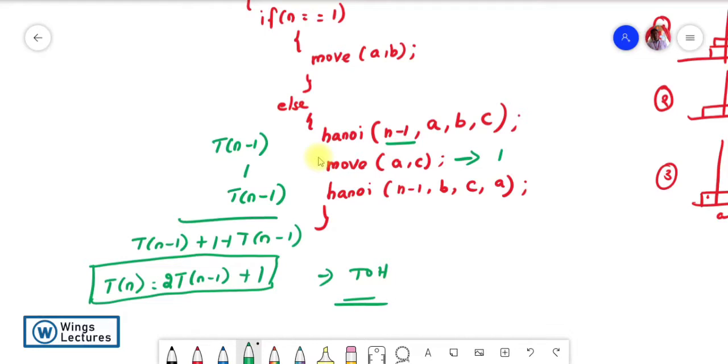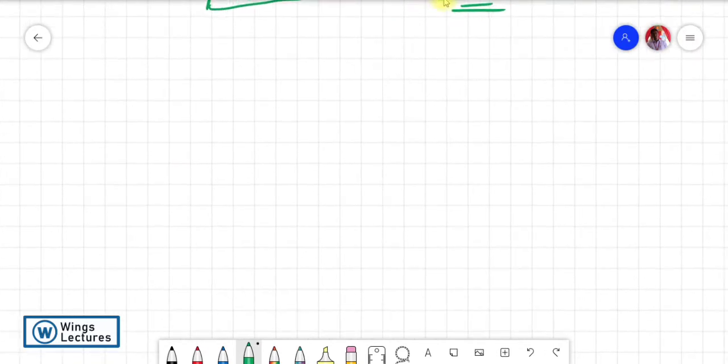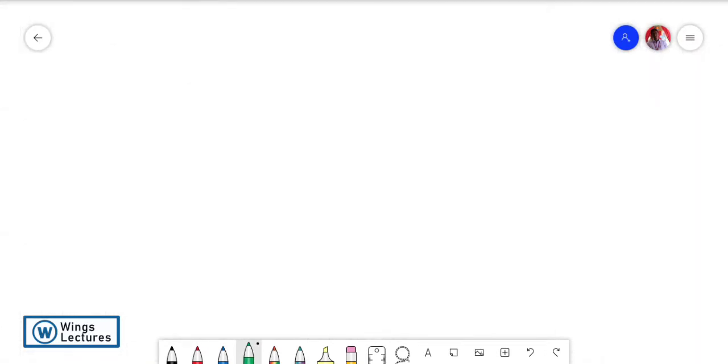So how to solve this tower of Hanoi algorithm by using the backward substitution method? So let me solve this. So let's have a look. What you have to assume is, T of n is equal to 2 T of n minus 1 plus 1 if the input is more than 1.